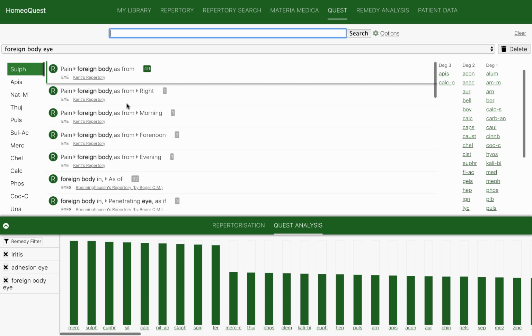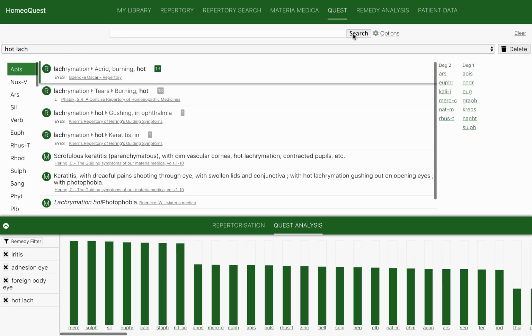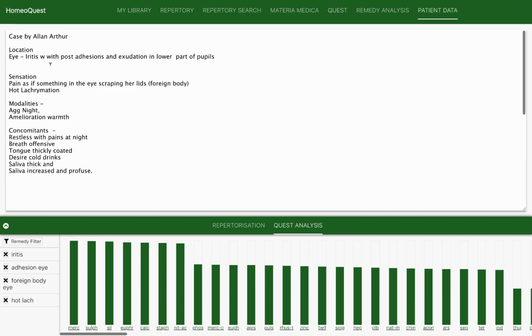I love that. And then we need something called hot lacrimation. Remember, I'm putting part words here, so you get lacrimation no matter what the spelling is, because different repertories and books have different spellings. So yes, we have lots of hot, acrid, burning lacrimation, and these are the top remedies for that. Next rubric, I want the modalities now. Let's look at the modalities.